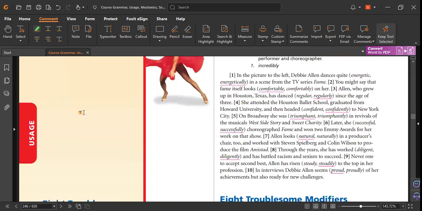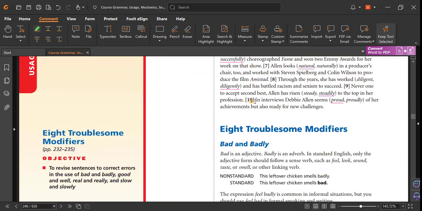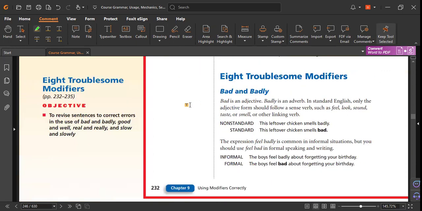And here we have more exercises to help you with the answers. Then we have some common traps, very easy, like bad and badly. Bad is an adjective, badly is an adverb. Non-standard, informal style or speech of uneducated people doesn't care, but in any exam it's wrong. Like this: "This leftover chicken smells badly."